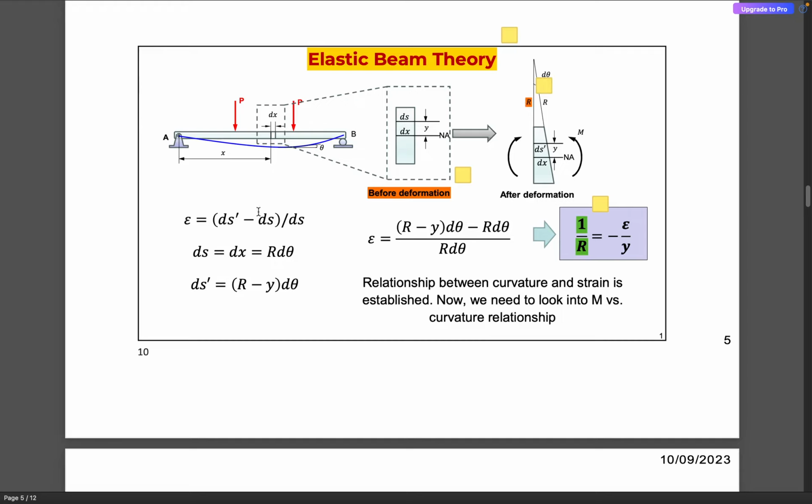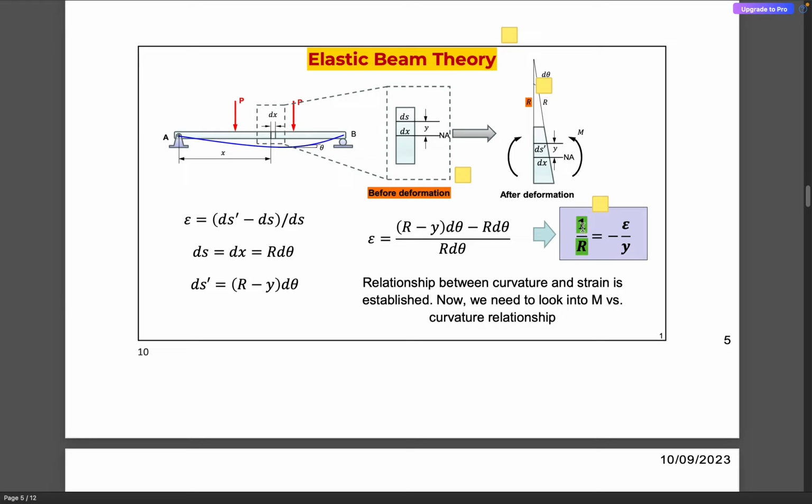What we are trying to establish here is the relation between curvature and the strain within the beam. The strain is expressed as the change in length over the original length. Ds prime is nothing but r minus y into d theta, and dx is r into d theta. So we simply substitute these values of ds prime and ds, and ultimately we have the expression for strain.